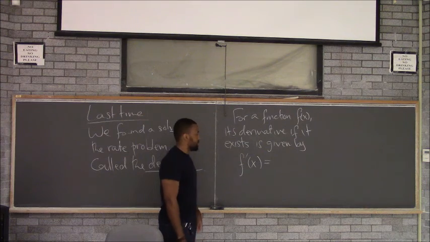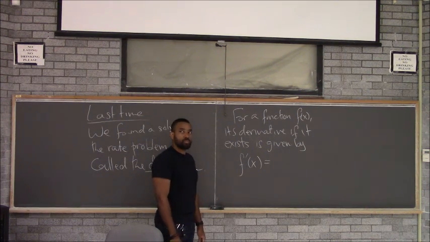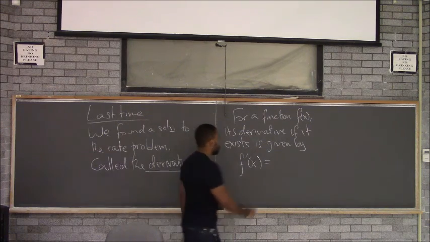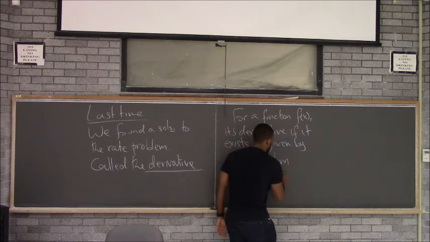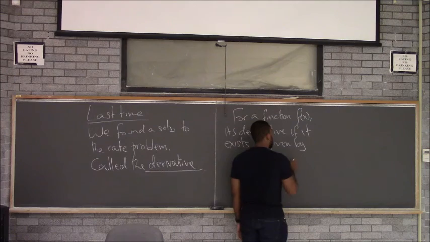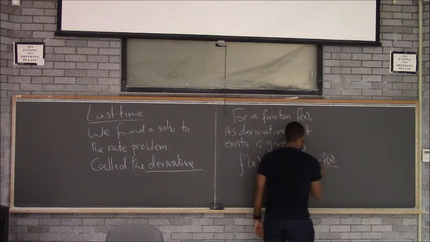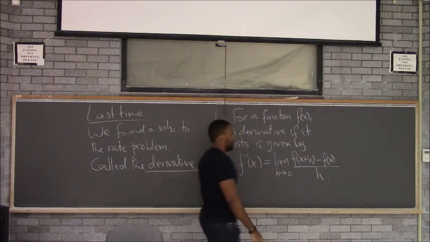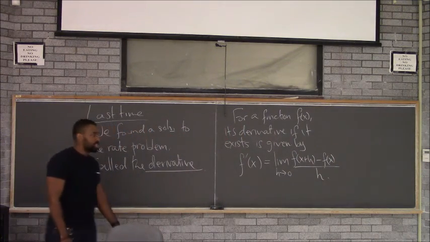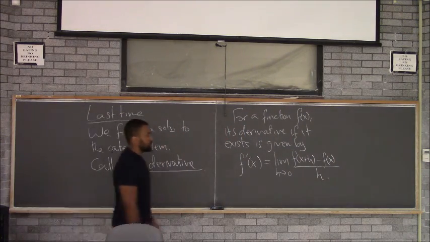How do we define the derivative? Yeah. The limit as h goes to 0 of f of x plus h minus f of x over h. That limit, if it exists, gives us what we call the derivative.